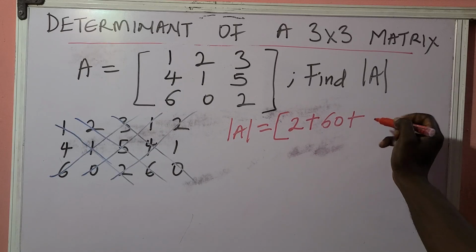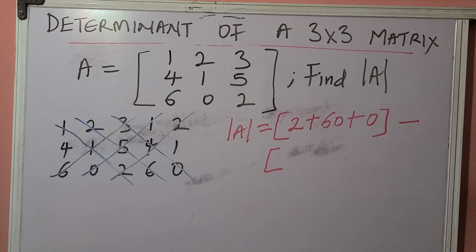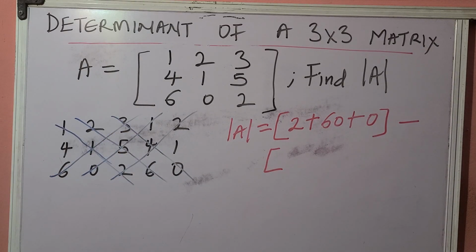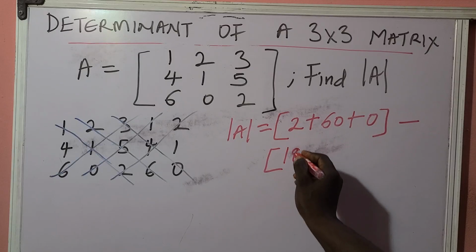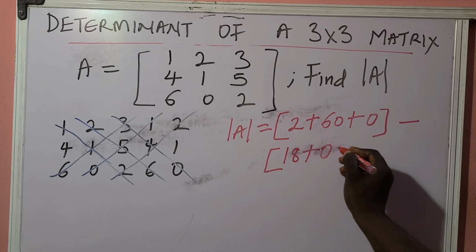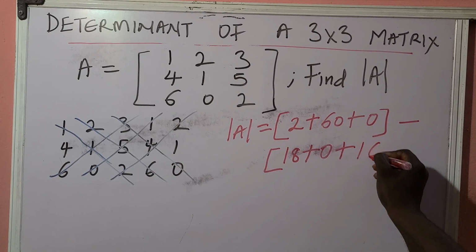That will be 0. Minus 6 times 1 times 3. That will be 18, plus 0 times 5 times 1, 0, plus 2 times 4 times 2. That will be 16.